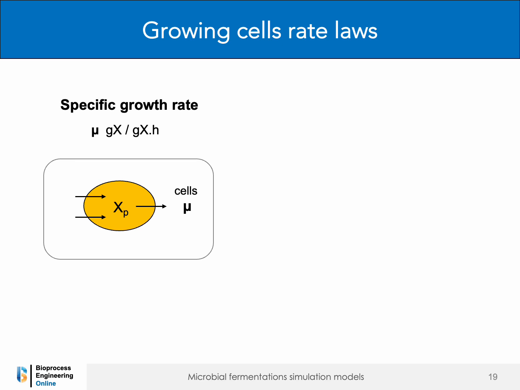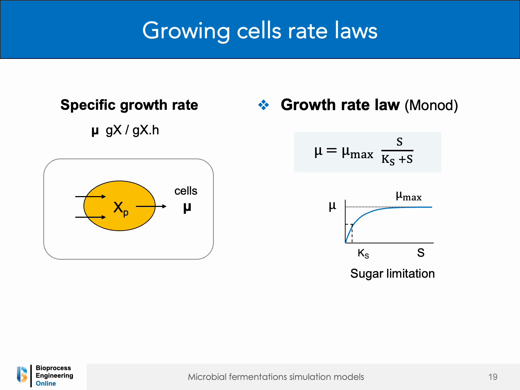What are the kinetic laws describing the growing cells? Growing cells consume nutrients or substrates to produce new cellular biomass. Their growth is characterized by the specific growth rate mu, defined as the rate of cell mass formation per unit of existing cell mass, typically expressed in grams of cells produced per gram of cells per hour.